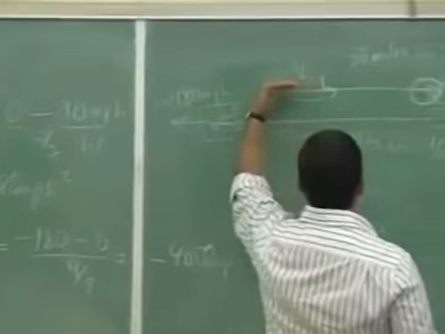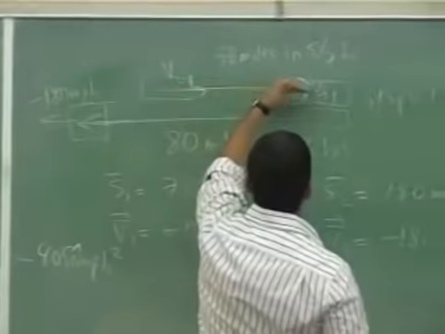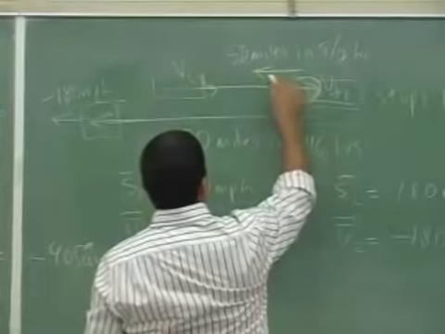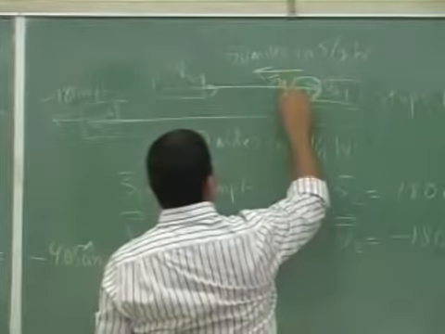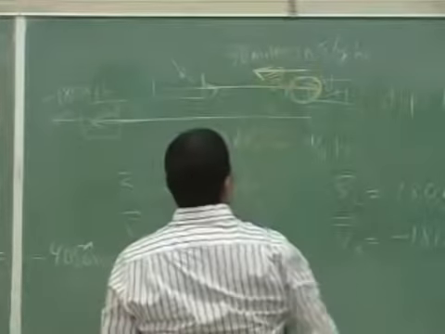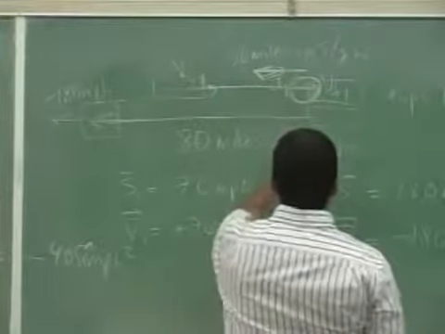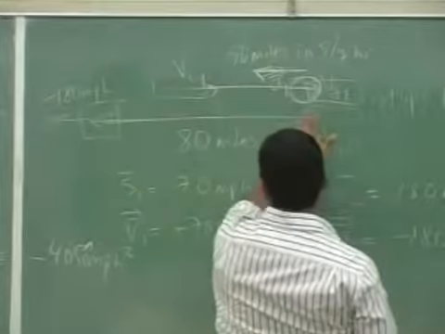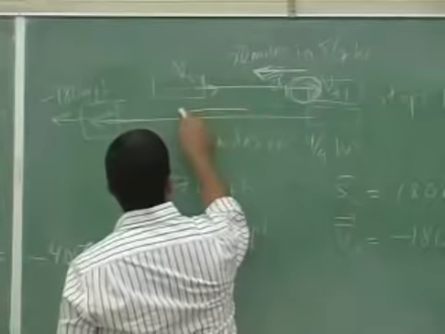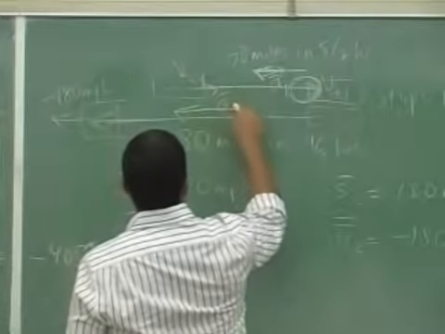Now in stage 1, the car is going to the right and the average acceleration is to the left, A average 1. And in stage 2, the car is going to the left and its average acceleration is also to the left, A average 2.